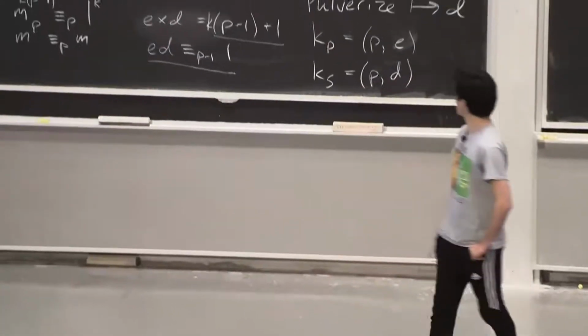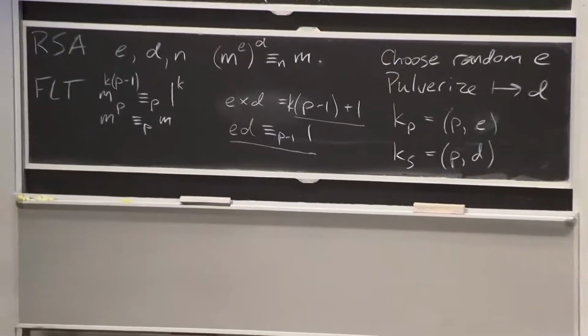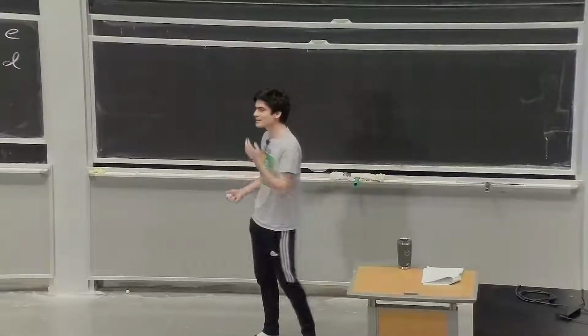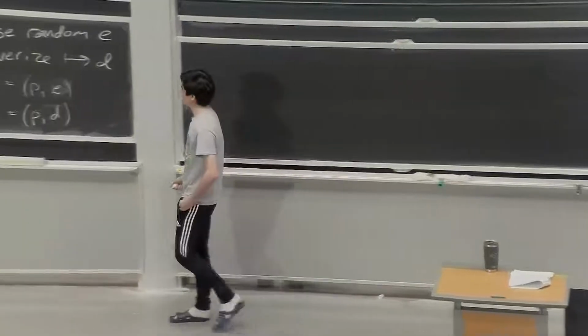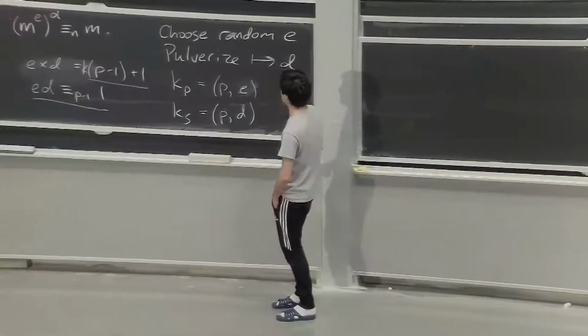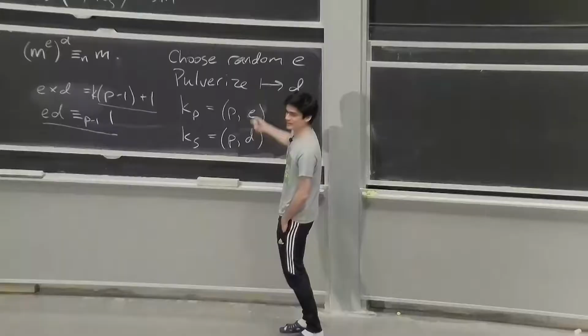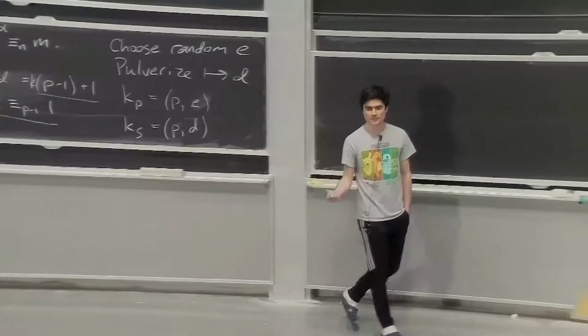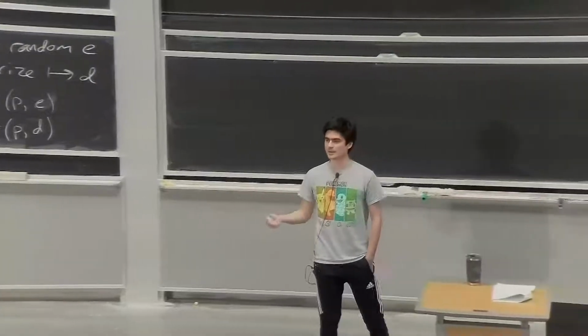Okay, so the answer was choose a random D and then pulverize to find E. I claim that this is exactly the same, right? It's the same process, right? So, these two are basically symmetric. Okay, so if I share one of them, then anybody else can then find the other.